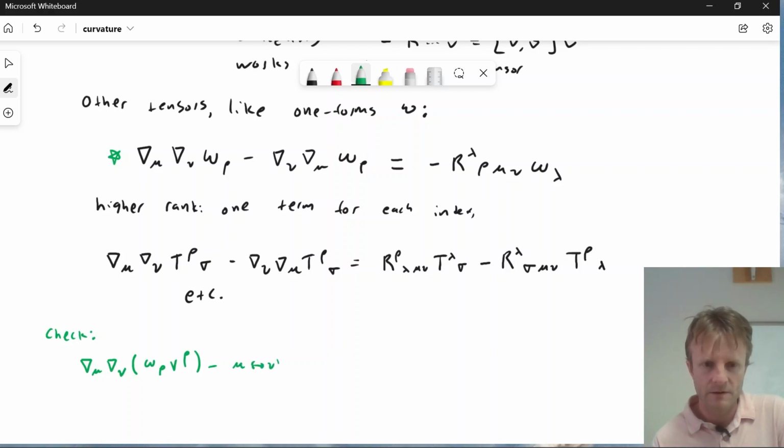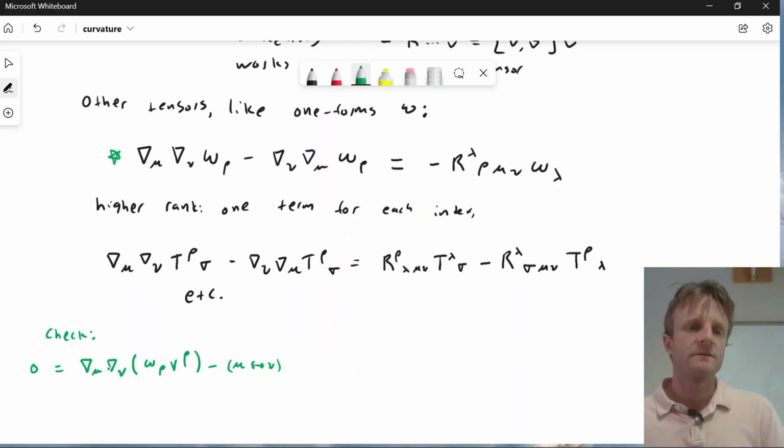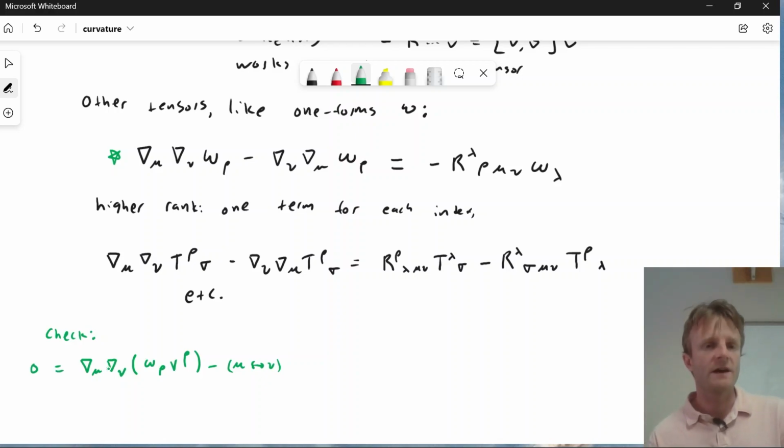So this thing has to be 0, because the covariant derivative does commute on scalars. And then we can use the Leibniz rule. I seem to have used it for second derivatives, which makes me a little suspicious.